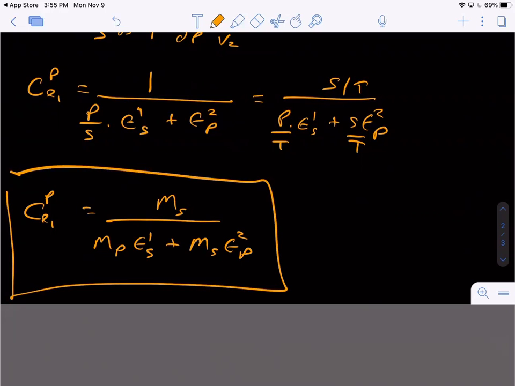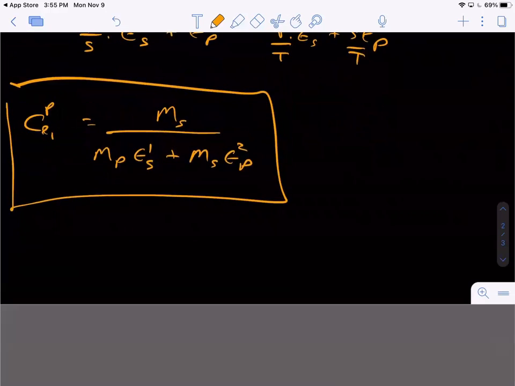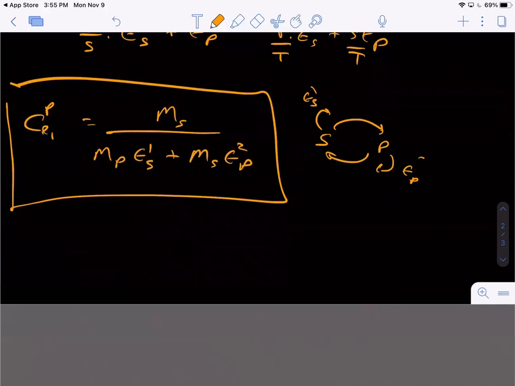What can we say about this then? Well, remember, this is for this cycle. The ES1 is that elasticity, and EP2 is that elasticity. So let's assume that both reactions are unsaturated. They're working in the linear range. That means that both of these will equal 1.